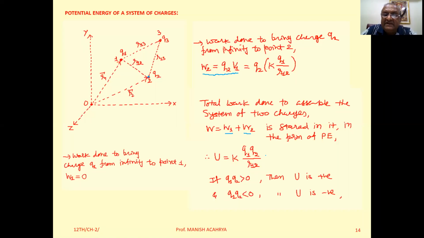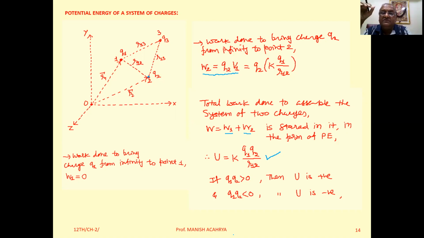So simply we can say the potential energy of a system of 2 charges is K Q1 Q2 upon R12, the distance between those 2 charges. This is similar to the gravitational potential energy of a system of 2 masses, G m1 m2 upon R12. Clear? Now here, if Q1 Q2 is greater than 0, then the potential energy is positive, and if Q1 Q2 is less than 0, the potential energy is negative.